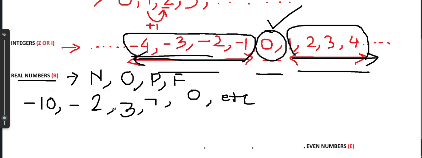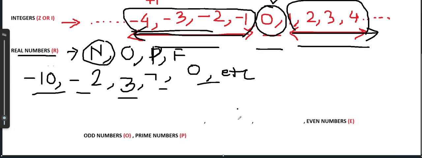Was I clear on this part? So negative 3, negative 2, 3, 7 and 0, etc., are all real numbers because real numbers consist of negative numbers, 0, the positive numbers and the fractional part. So the negative numbers are integers as well as real numbers.